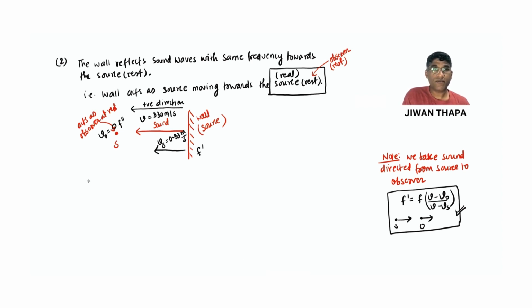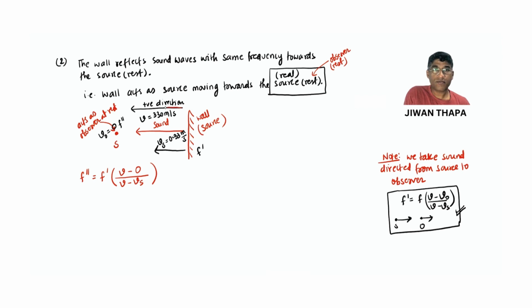So we have f double dash equals f dash, and the velocity of sound is v, and v naught is 0, so v minus 0, divided by v minus vs, because we have this positive direction. Clear?